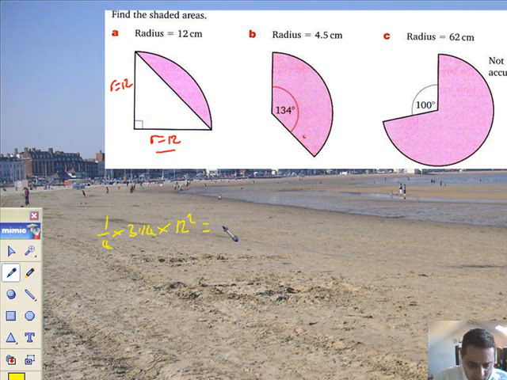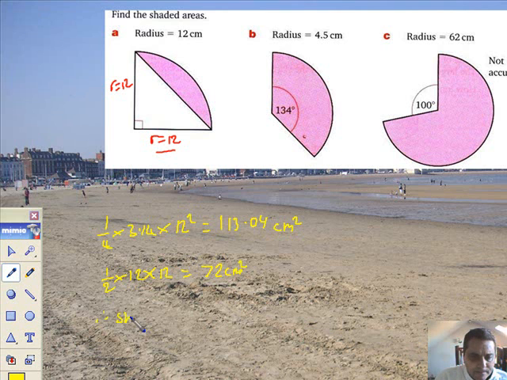I've got 113.04 centimetres squared so far. The area of the triangle will be half times the base of 12 times the height, which is 12 as well. So that's half of 144, which is 72 centimetres squared.